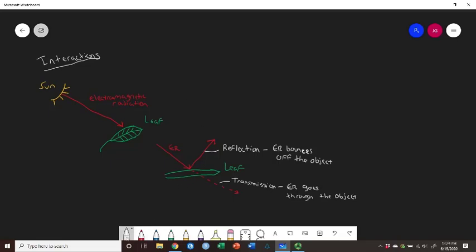And there's one more thing that can happen here. So it can either bounce off, it can go through, or it can be retained in the object. That's what this line here is doing: it's being retained in the object to do something. And this retention is called absorption.